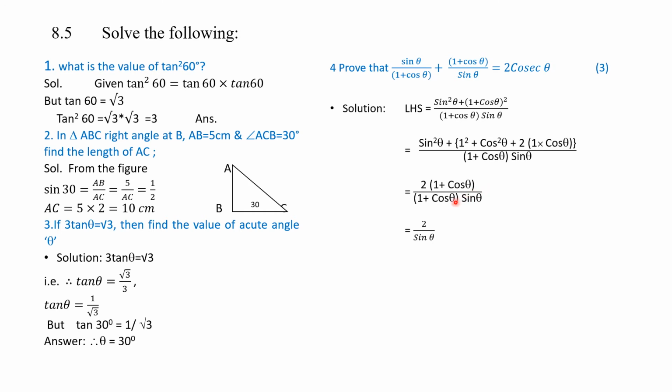Denominator remains as it is, that is 1 plus cos theta into sin theta. Therefore, that is 2 divided by 1 plus cos theta, 1 plus cos theta gets cancelled. This is 2 divided by sin theta, that is equal to 2 into cosecant theta. That is equal to right hand side. Hence, it is proved. This is a 3-mark question. Please practice it.